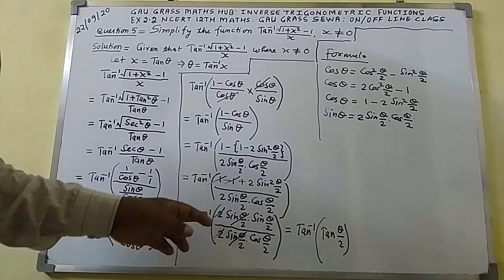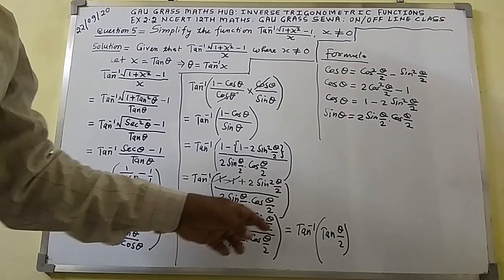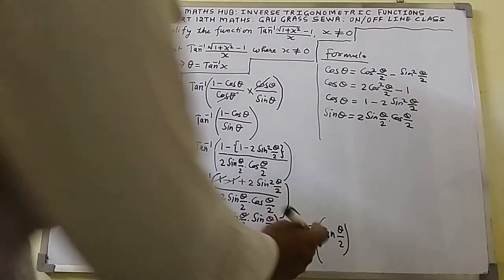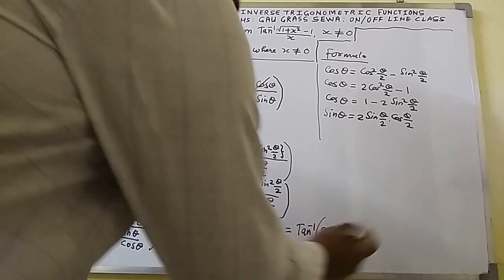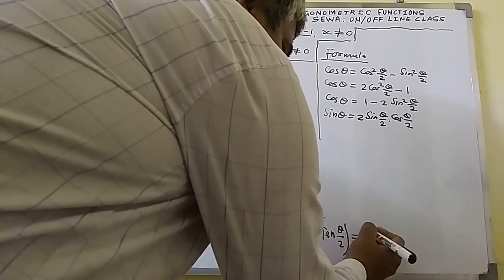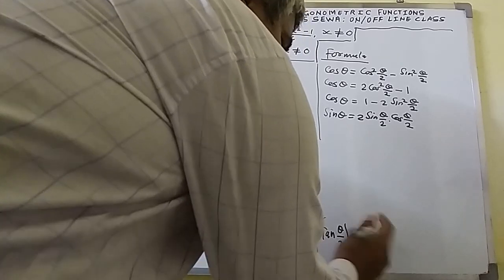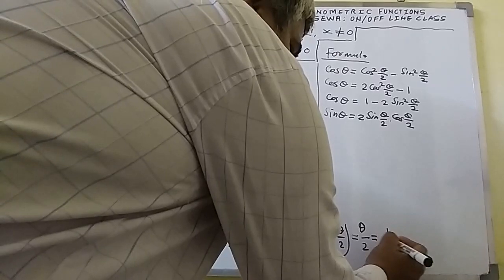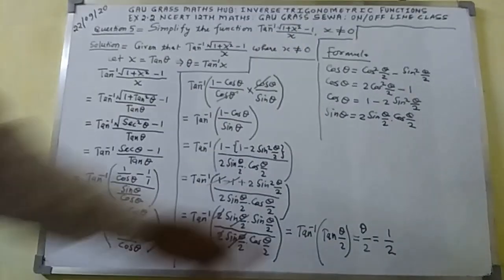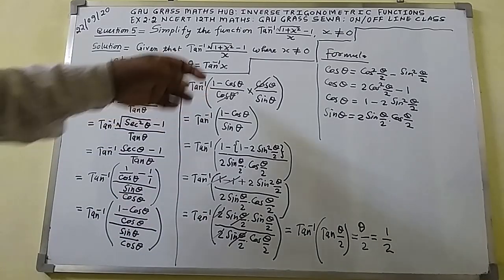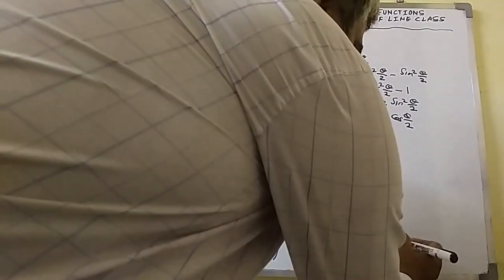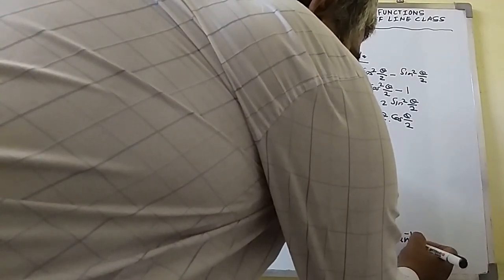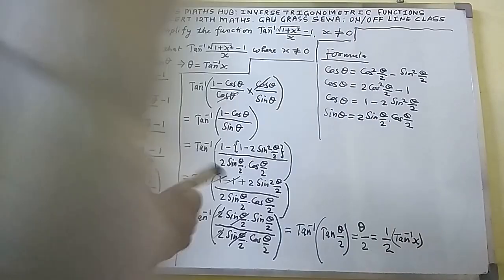Here you can see tan inverse of sin theta by 2 over cos theta by 2 becomes tan theta by 2. So tan inverse tan theta by 2 comes out to theta by 2, which equals 1 over 2. In place of theta, I can write tan inverse x. So I can write tan inverse x like this.